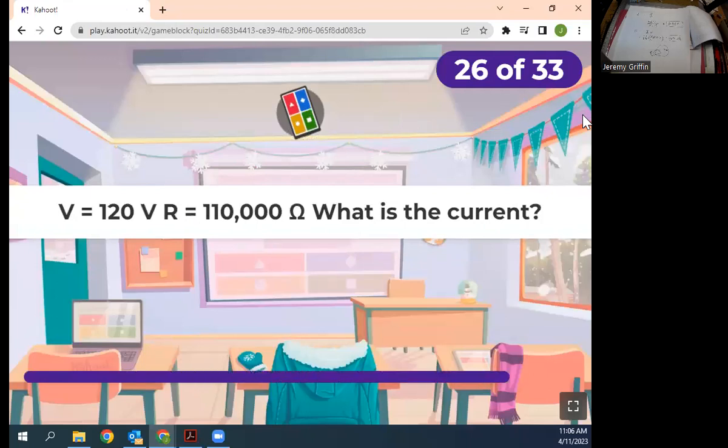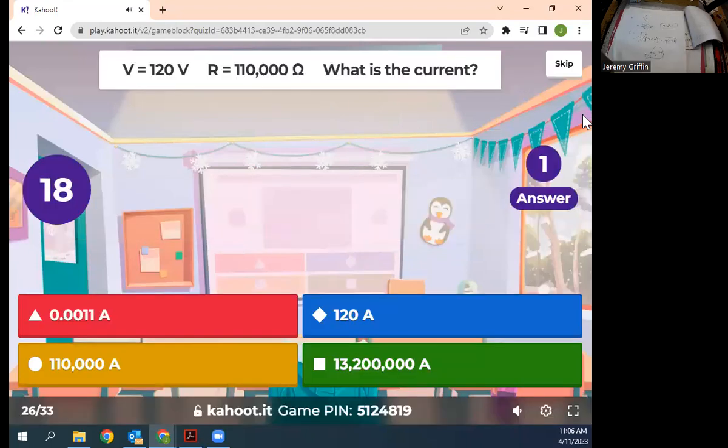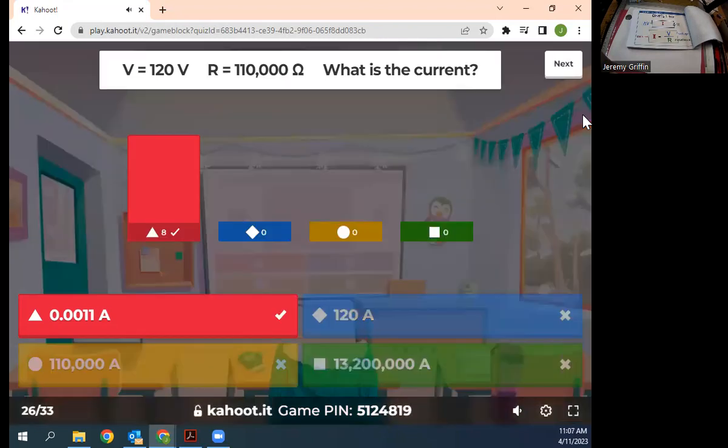There's the voltage source. There's the resistance. What's the current? All right, yeah, it's a tiny, tiny, tiny current.